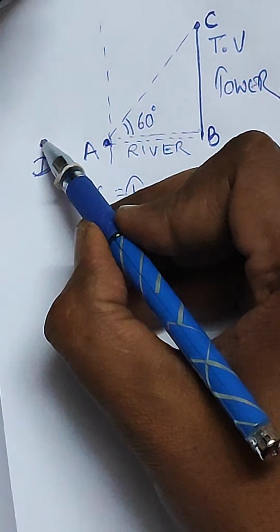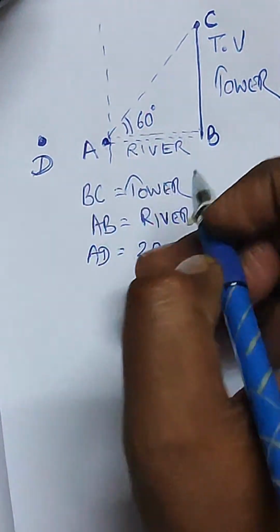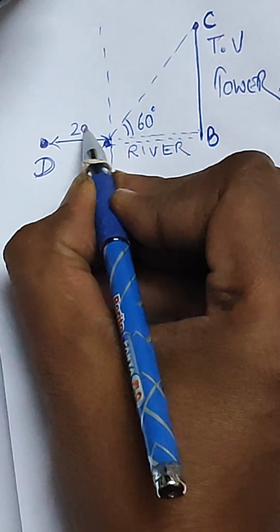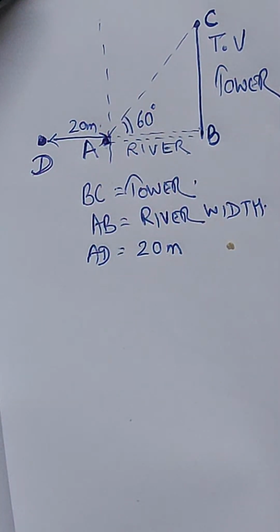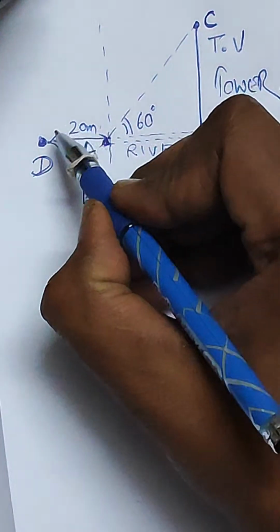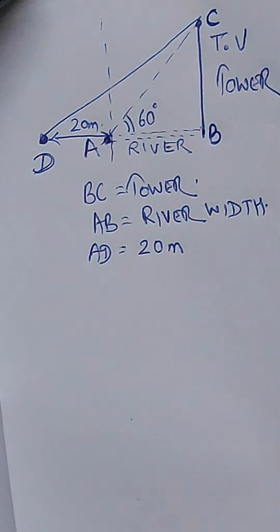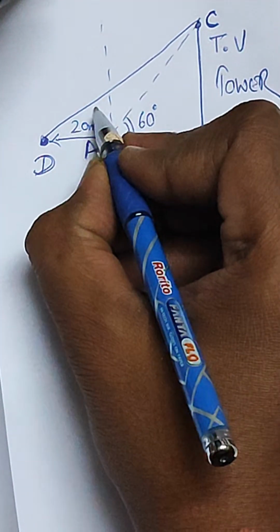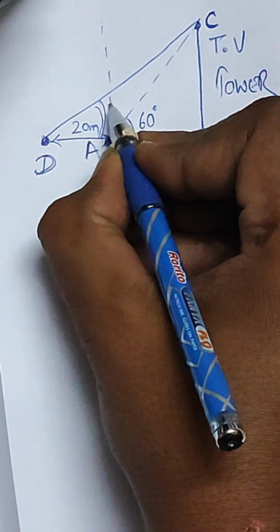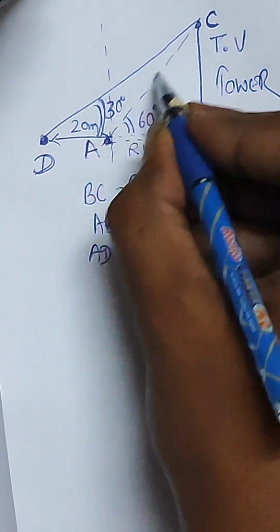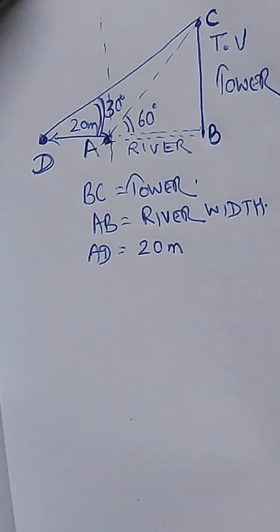So from the same point D, which is 20 meter away from A, this is given to us as 20 meter, right? From here, the angle of elevation of the TV tower is given to you as 30 degree, right? Definitely this elevation will be lesser, right?